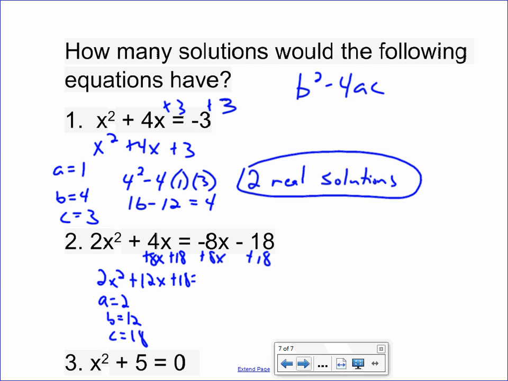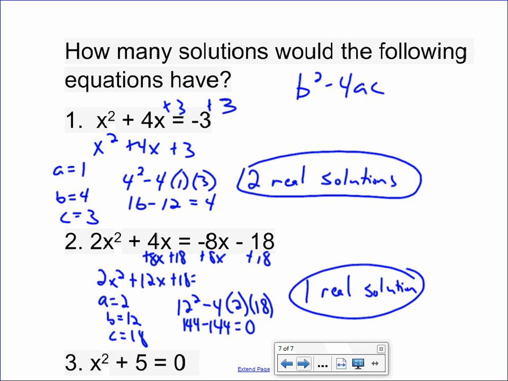So b squared would be 12 squared minus 4 times 2 times 18. So 8 times 18 is 144. So I've got 144 minus 144, which gives me 0, which tells me that there is only one real solution.